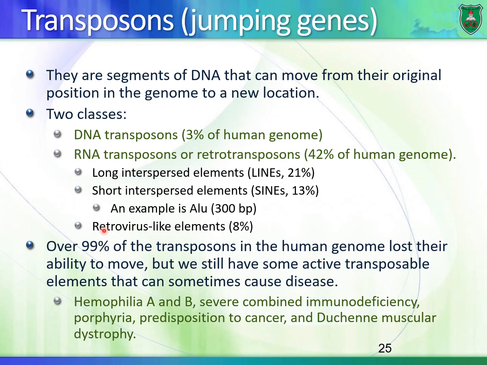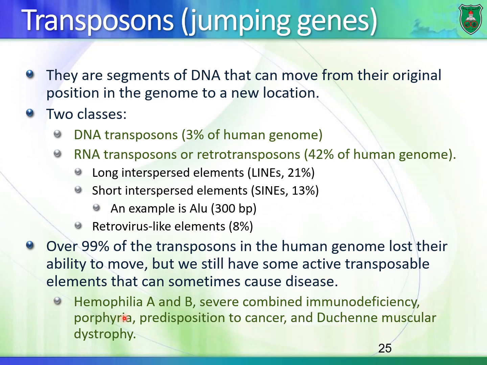Another example of retrotransposons is something known as retrovirus-like elements, and they make up about 8% of the human genome. So these transposons have lost the ability to move, to change places, but we can have some active transposable elements that can sometimes move, and when they move they can cause diseases. There are diseases that are related to retrotransposons changing places.